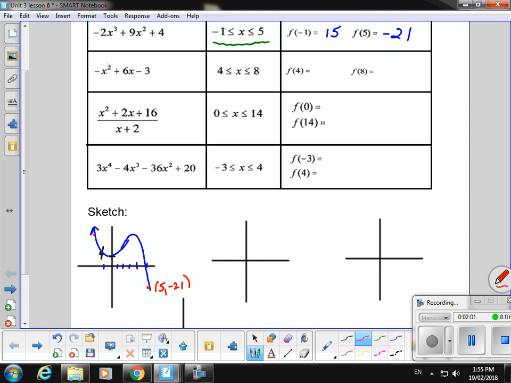Well, poorly drawn. I can also see some local max and min here and here. I don't think either one of those is going to be greater than or less than my 2 endpoints, but I want to look at those, and doing that, I'm going to look at my derivative.